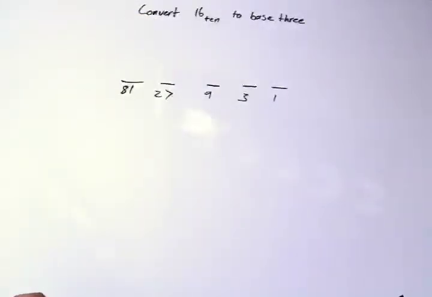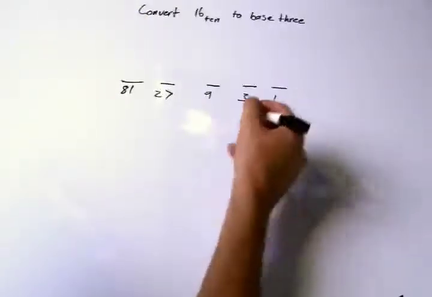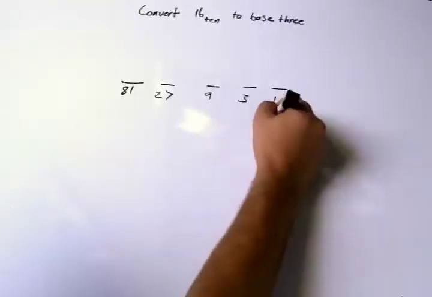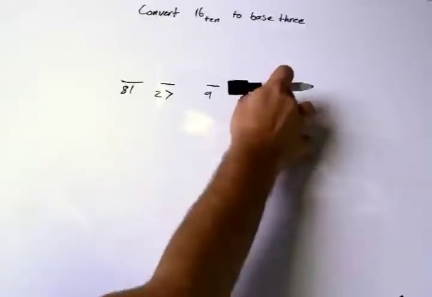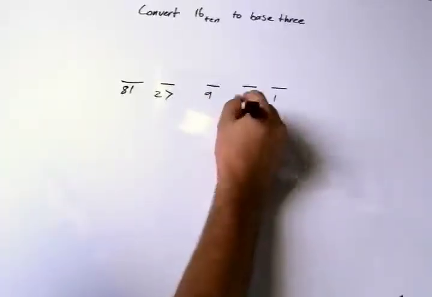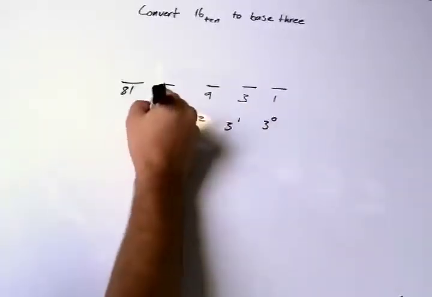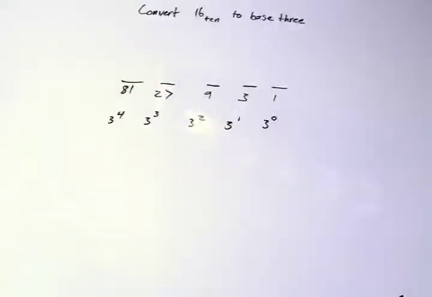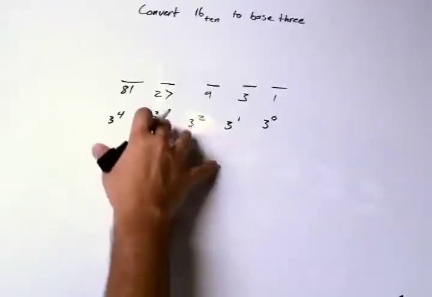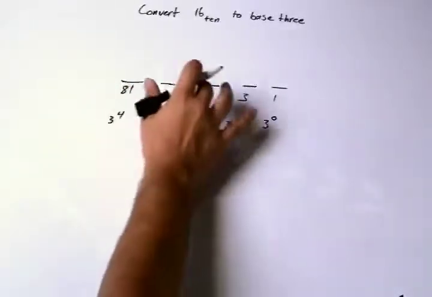So the shortcut you can take is you always start with your base, and you begin with it being raised to the 0 power. Any number to the 0 power is 1. And from there, all you have to do is increase your power each time as you go left.